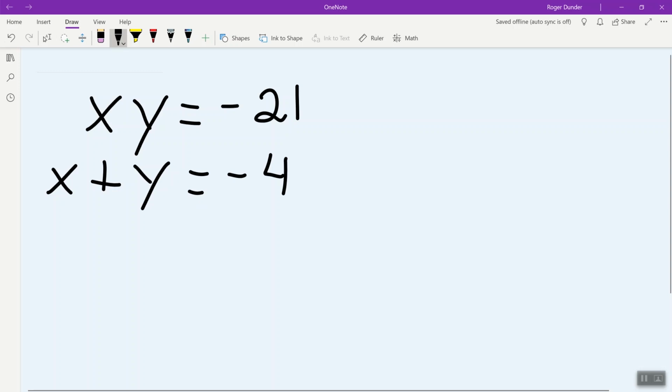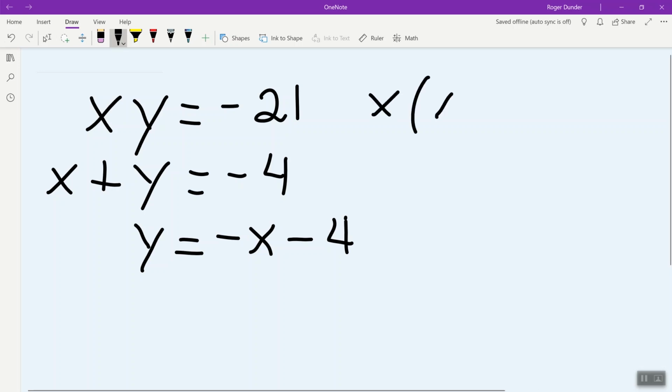So in the second equation, what is y equal to? Y is equal to negative x, or the opposite of x, I should say, subtract 4. Okay? If I substitute that into the first equation, I'll then have that x times minus x minus 4, okay, equals negative 21.